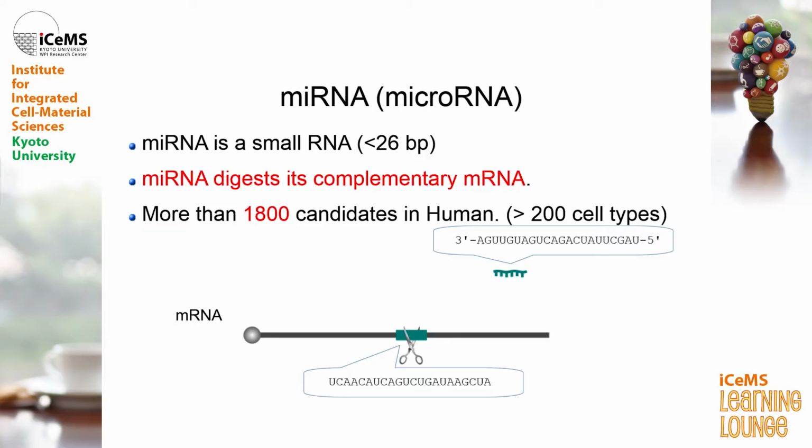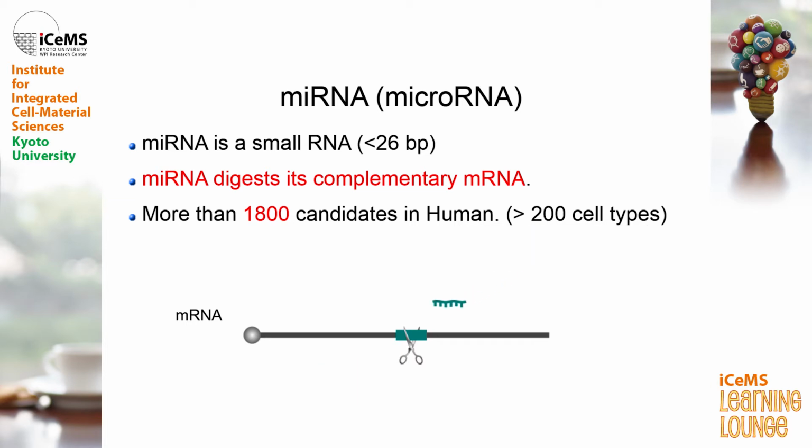And I'd like to introduce another important molecule, microRNA. MicroRNA is one of the RNAs. And microRNA is a small RNA which digests a complementary sequence of messenger RNA. MicroRNA recognizes it by forming double-strand RNA and digests the messenger RNA at that point.